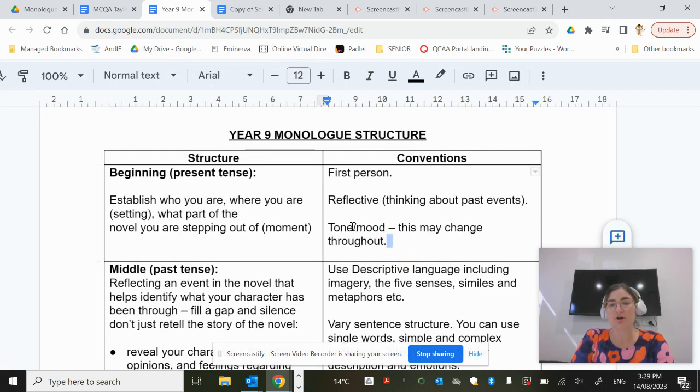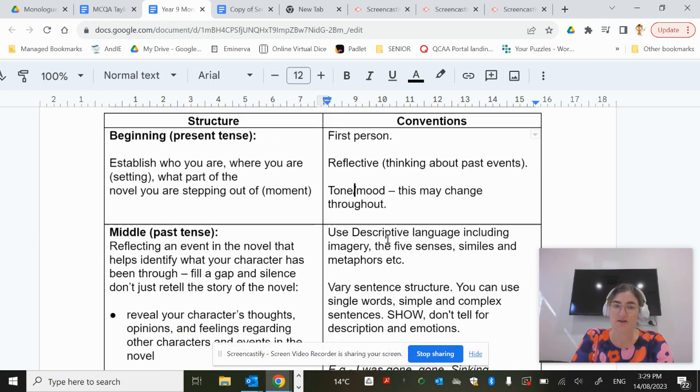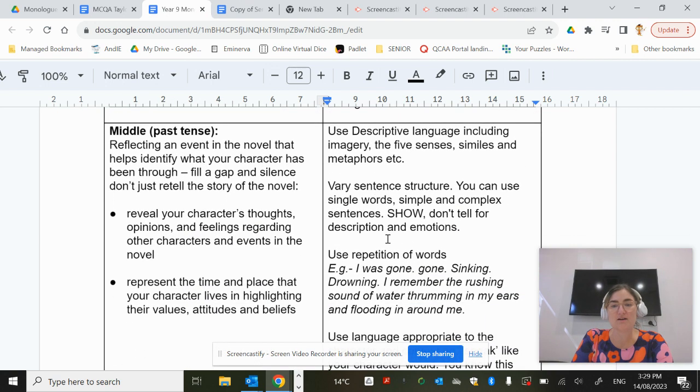Right. Now, the tone and the mood is going to change throughout your monologue because your character might start feeling one way, and then as they reflect and move through their past memories, their feelings might start to change. So when you get into the middle section, your past tense, this is kind of where they're having flashbacks to memories.